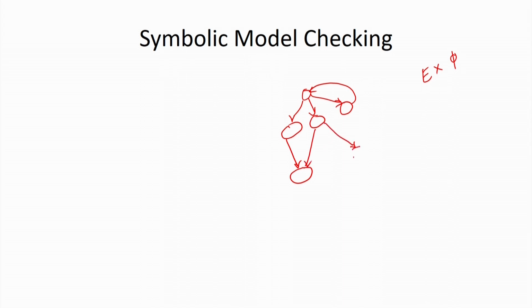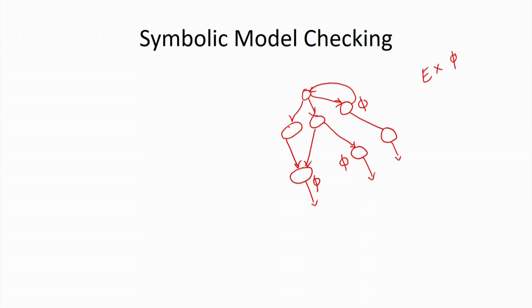Now we can think of an example. We are talking about EX phi. Consider a small transition system. Say these are the states where phi is true.